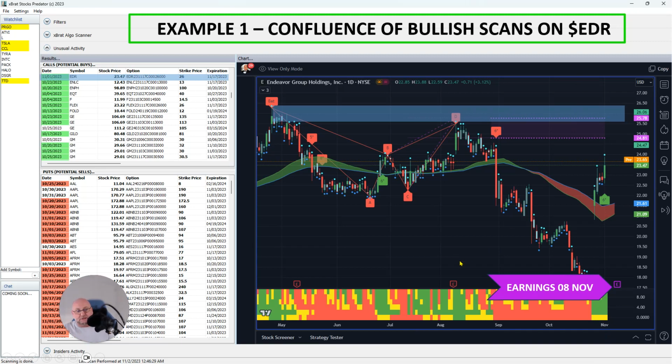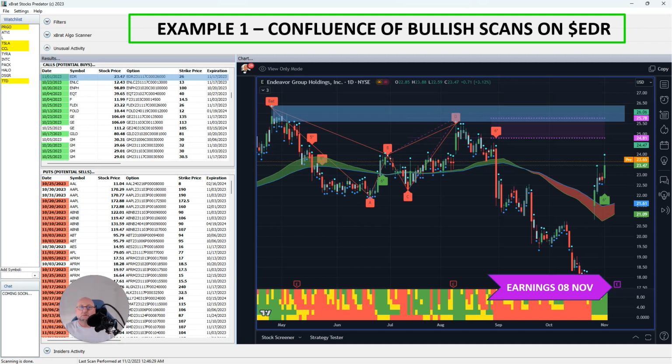The next thing we need to understand is there's earnings on the 8th of November. So what you can deduce from this is they're expecting a bullish move up until earnings, and their target is $26, and so should ours. Okay, we've got time. It's only the 2nd of November today.